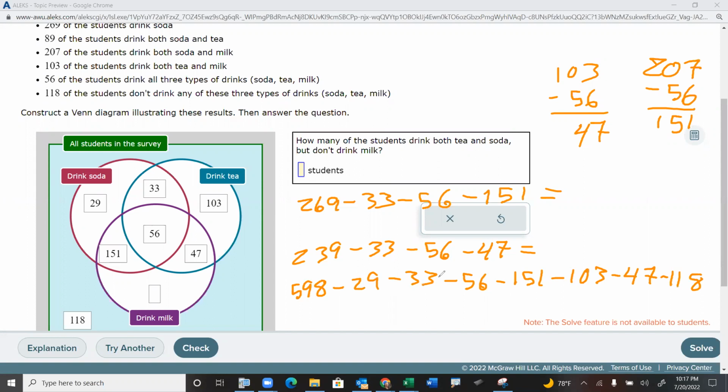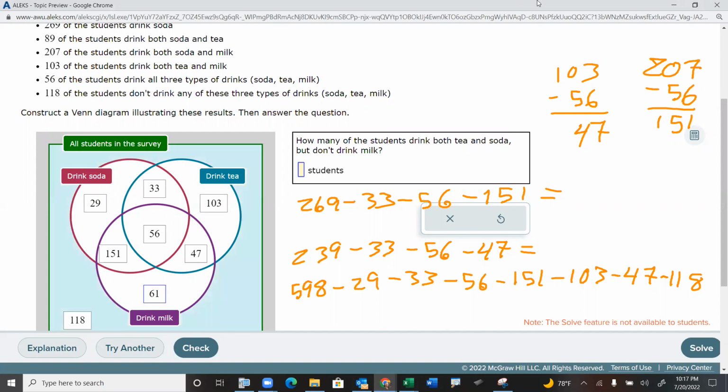Those people are already accounted for. I'm going to pause the recording this time, so it'll take me a few moments to do it. And we get 61. And so now it's all ready to go.